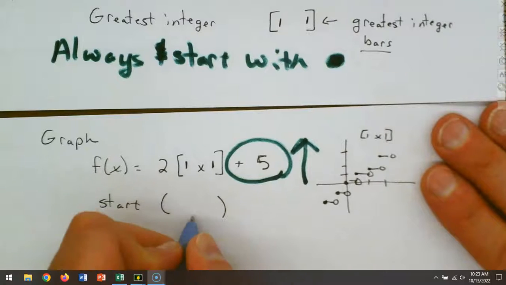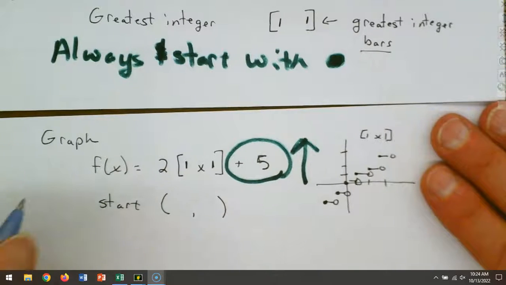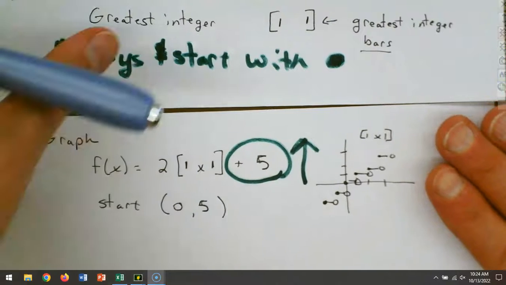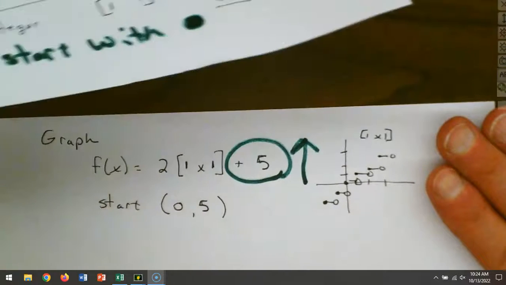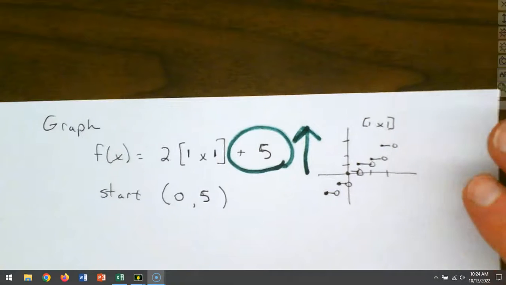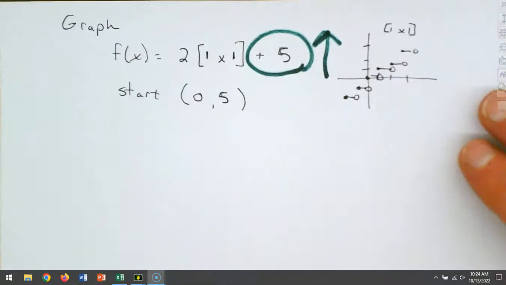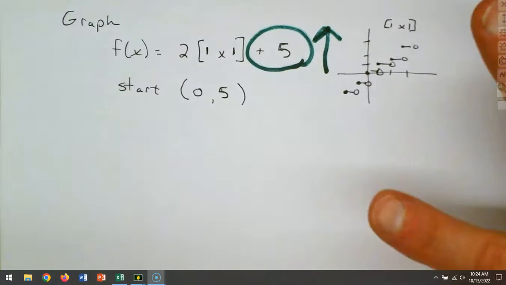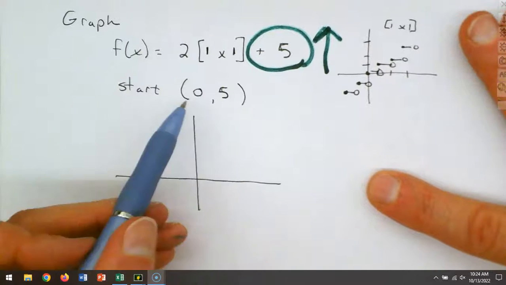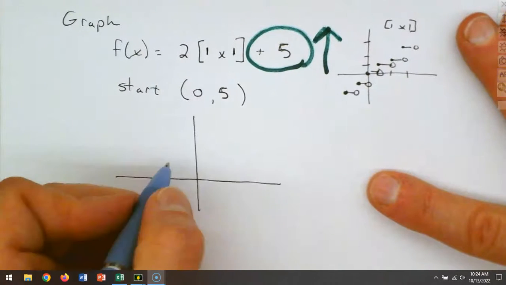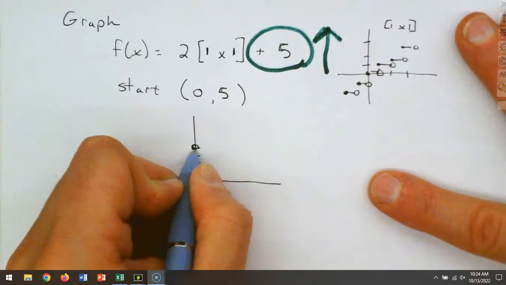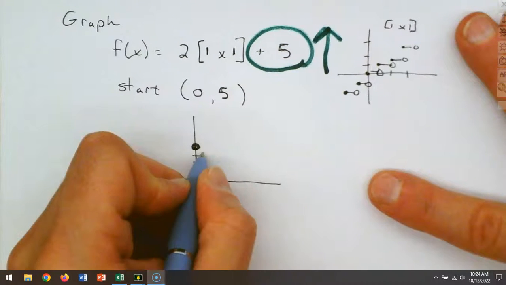Yep, at 0, 5. And when we begin graphing these, the greatest integer graphs, they have to have a closed circle. So wherever you begin, it gets a closed circle. So we're going to be at 0, 5. And it starts with a closed circle.